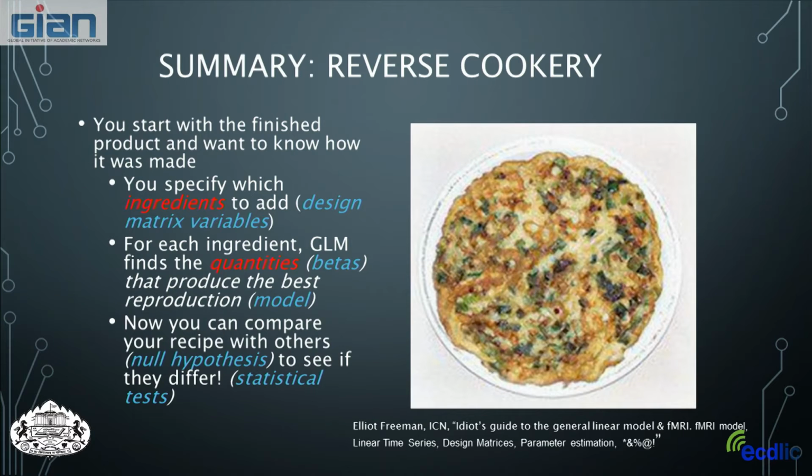And as we're doing this, we're trying to find how much of each ingredient makes what we see in our finished product. So it's just a conceptual thing. And then we can compare what we estimate in this model to the different parts of the task, so we can see if we have activation during the task.